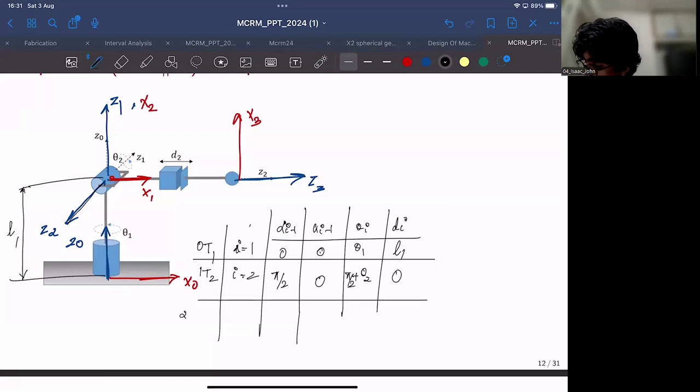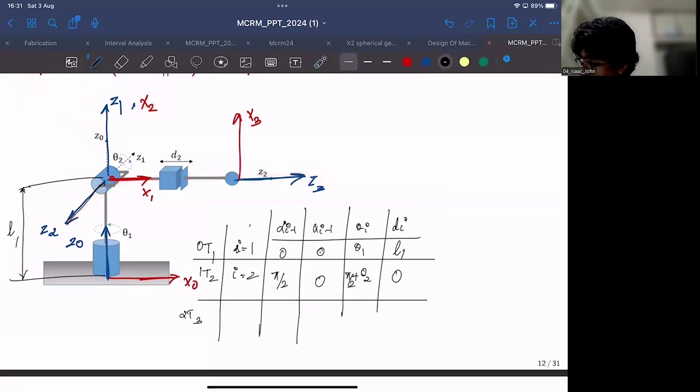Now, what about 2T3? Transformation between frames 2 and 3. The first would be the rotation about X2 so that Z2 and Z3 can be aligned. So if I rotate 90 degrees about Z2, sorry, X2, Z2 and Z3 will be aligned because they are 90 degrees apart.